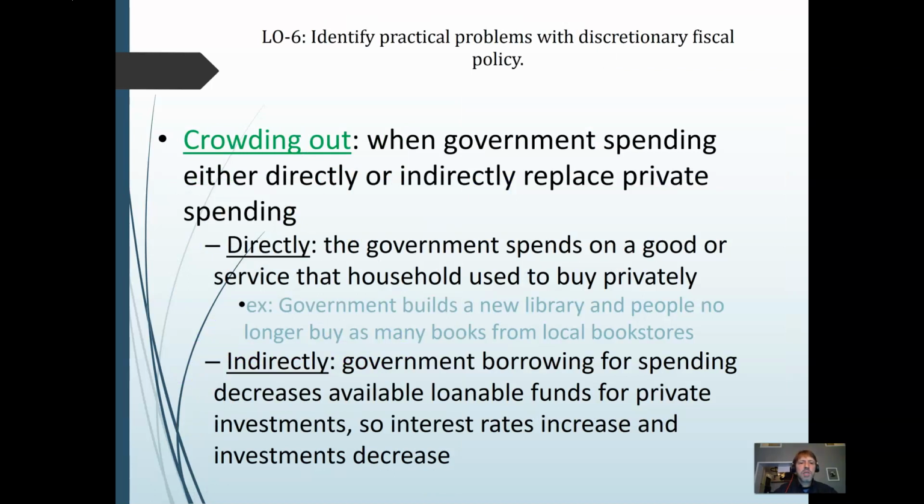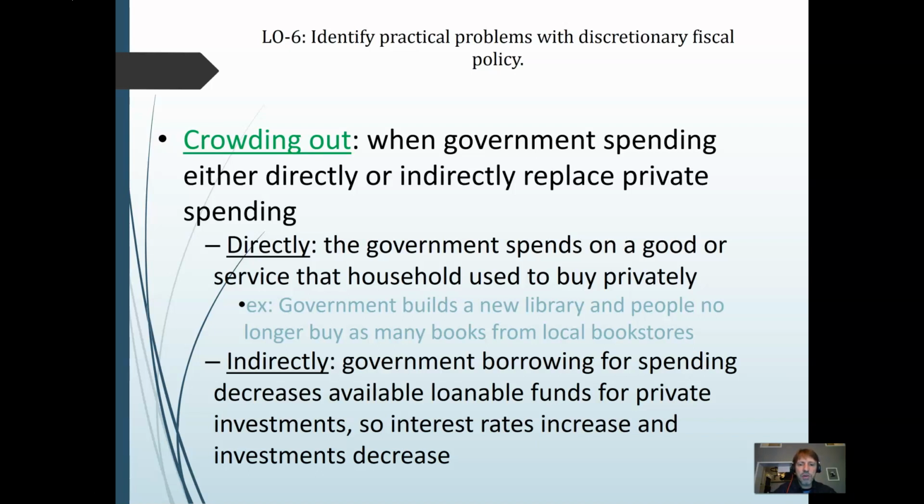When governments begin to spend and it replaces other private spending, whether that's households or companies, the term is called crowding out. And that can happen directly where government spends money on goods or services that households used to buy privately. Like we build a new library and people no longer buy as many books from bookstores online or locally.